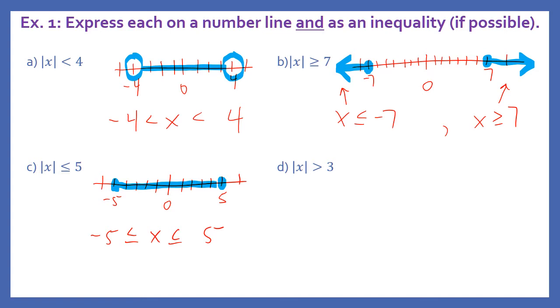D, something that's more than 3 units away from 0, number line, 0, and then 1, 2, 3, 4, 1, 2, 3, 4.